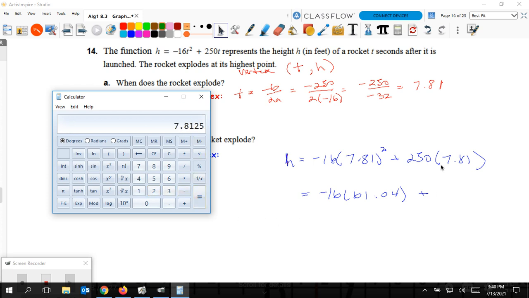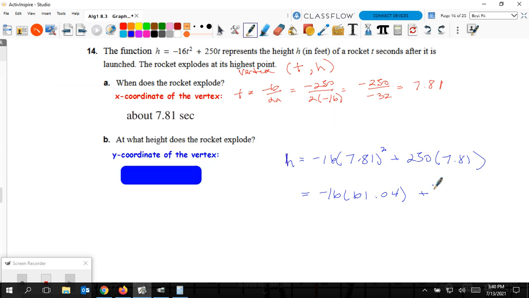And I say times it by 250. So times 250 equals 1953.125. Yeah, let's go over here, multiply negative 16 times this number.